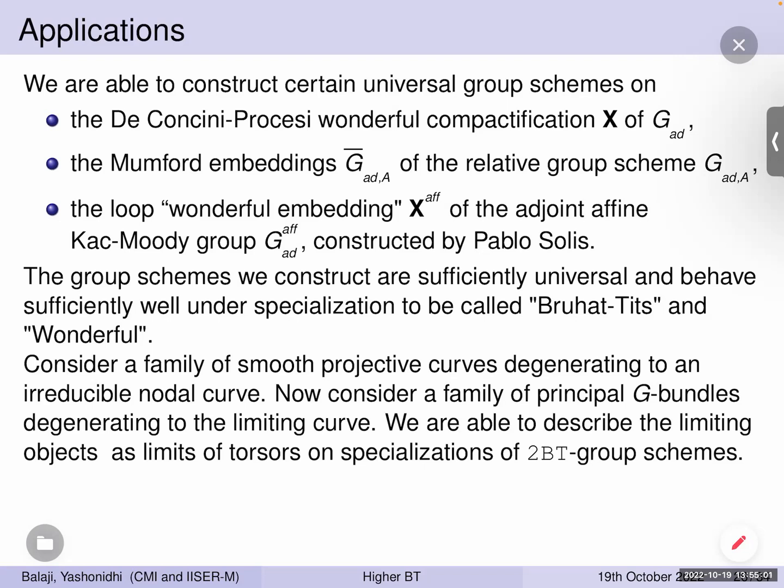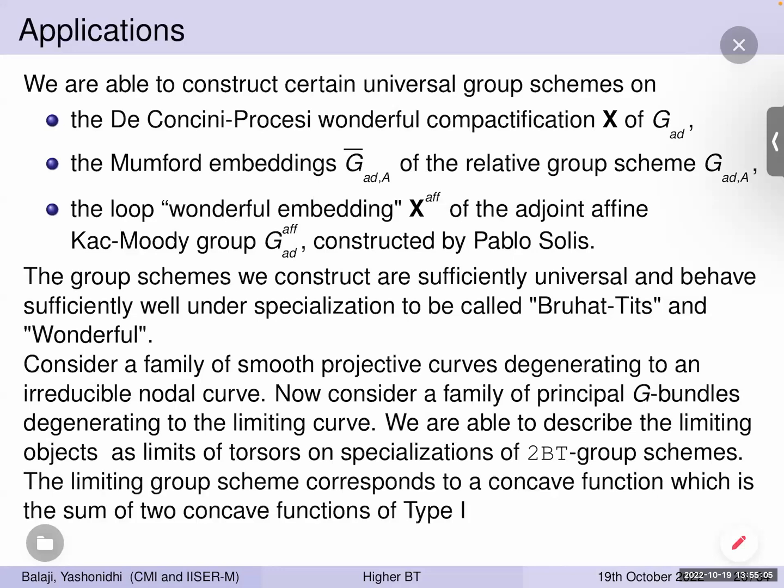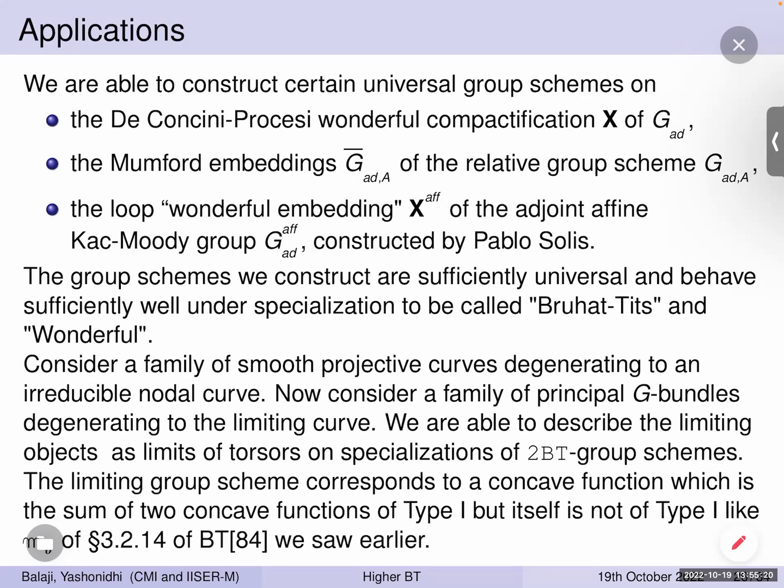In some sense, this was already done by Balaji in his previous paper. The limiting group scheme corresponds to a concave function, which is the sum of two concave functions of type 1, but itself is not of type 1, like the m theta of section 3.2.14 of Bruhat-Tits that we saw earlier.